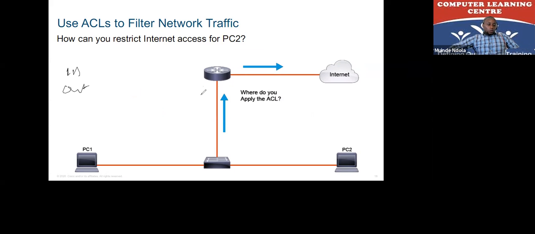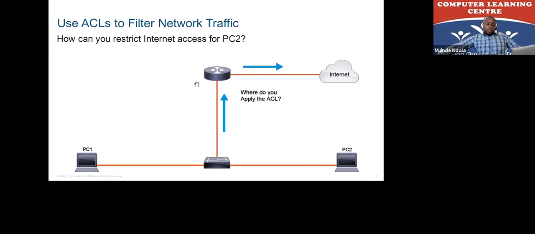Whatever is going into the router interface is inbound traffic. Whatever leaves the router interface is outbound traffic. This is another place where people make mistakes: they apply the access list in the wrong direction. So first ask yourself, where is the traffic being sourced from?